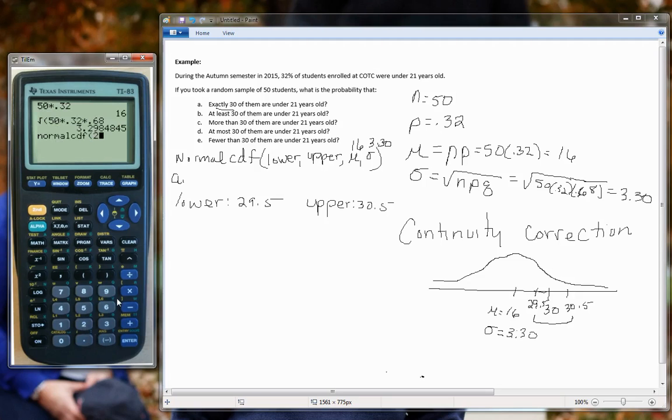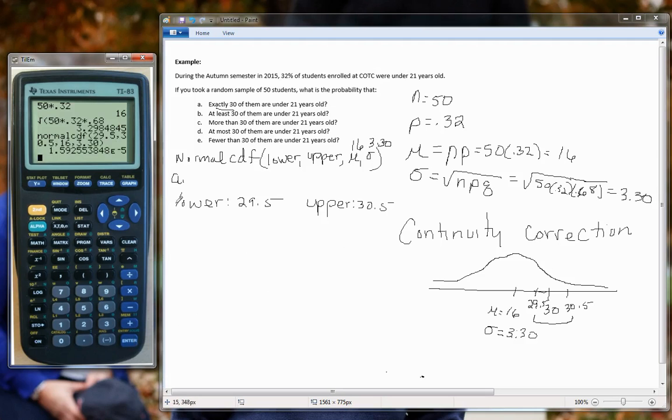We're going to put in our lower value of 29.5, comma, our upper value of 30.5, comma, our mean 16, comma, our standard deviation of 3.30. And if you have a newer version, an 84 Plus that has some of the newer software, it'll lead you through this. It'll tell you lower, upper, mean, and standard deviation. But if you just have an 83, it just comes up like this, and this is how you can do it.